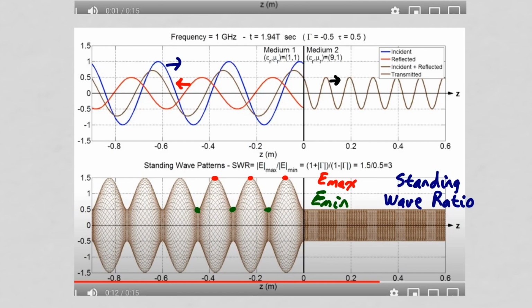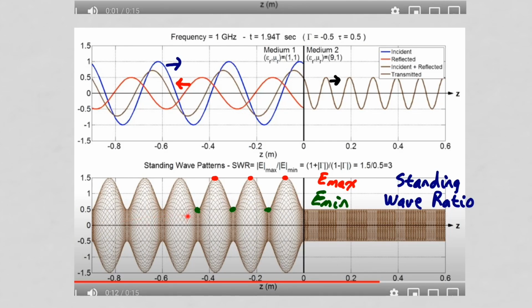If you think back to our previous example, where material 2 was a perfect conductor, so there was no transmission, everything was reflected, the E minimums were 0. So in that case, the standing wave ratio would be infinite. If material 2 had the same dielectric constant as material 1, you'd have the same intrinsic impedances in your two materials, so your reflection coefficient would be 0 and your transmission coefficient would be 1.